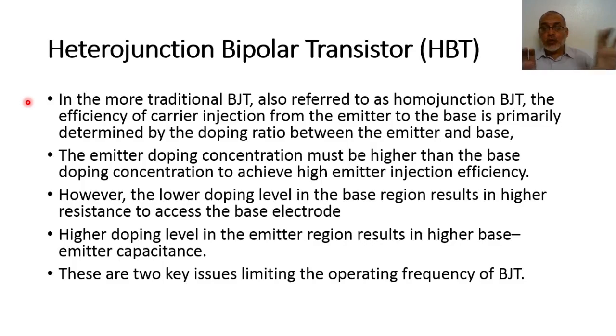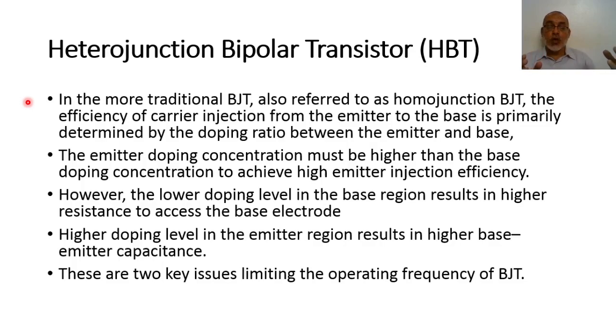So by using two different semiconductors with different band gaps, such that the emitter has a greater band gap than the base, we can use high doping at the base and avoid the flow of current from the base to the emitter.